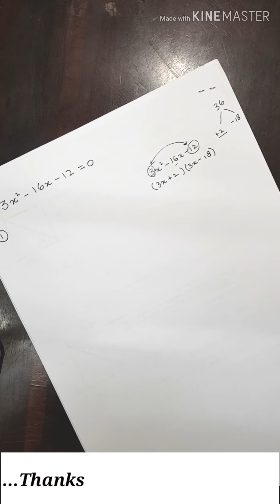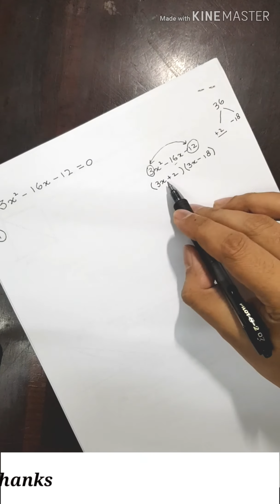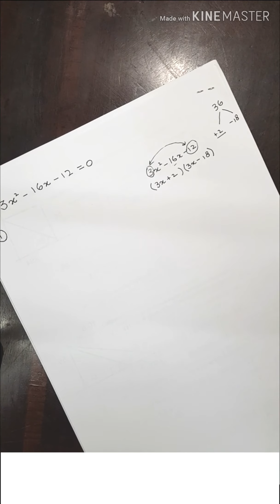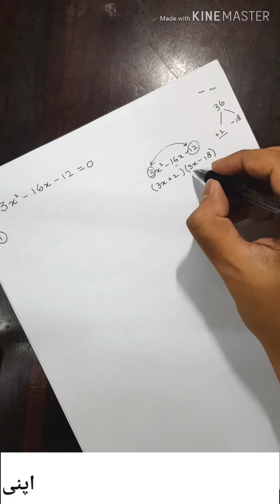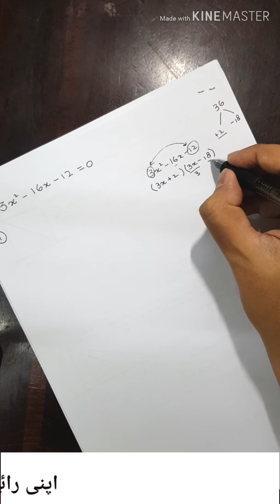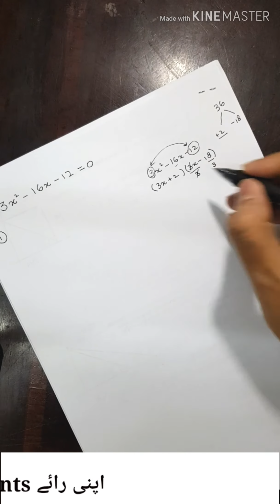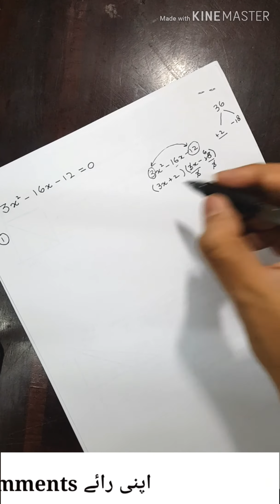So you can see that here we have two portions, but we can further simplify this part. How will we simplify? Simply divide both of these terms by 3. 3 one times, 3 one times, 3 one times and 3 six times is 18.